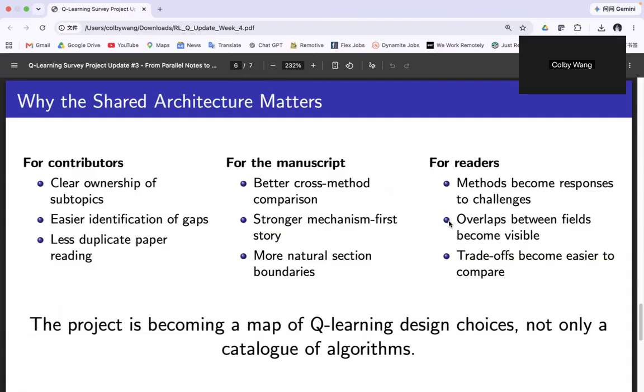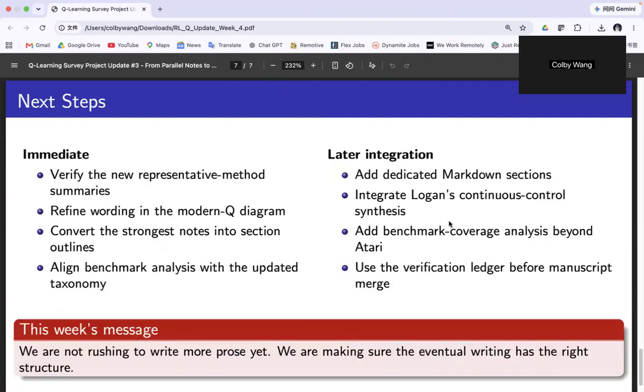For example, offline IL is about trusting a fixed dataset, multi-agent Q-learning is about coordination under decentralized execution, and continuous control is about safely maximizing values over complex action spaces. The overall project is becoming a map of design choices and trade-offs, rather than only a catalog of algorithms.